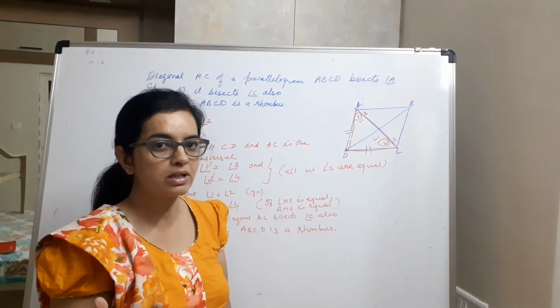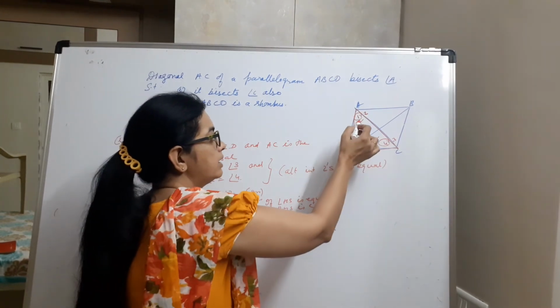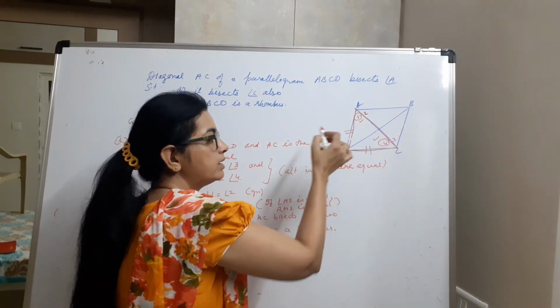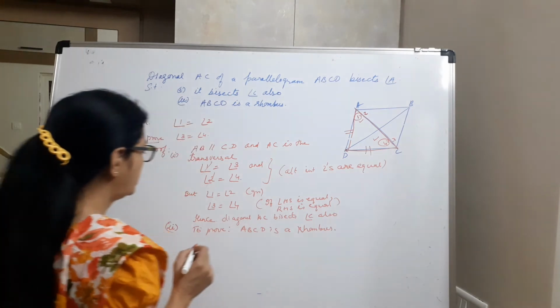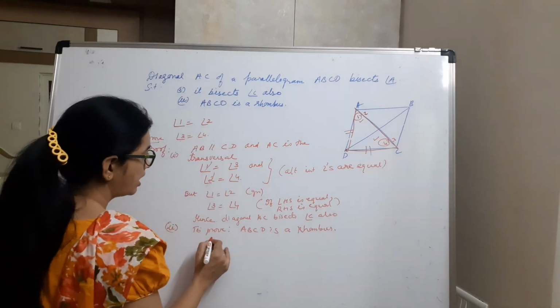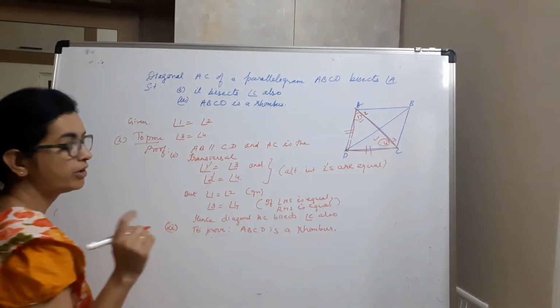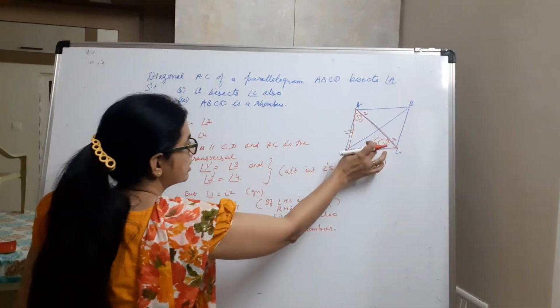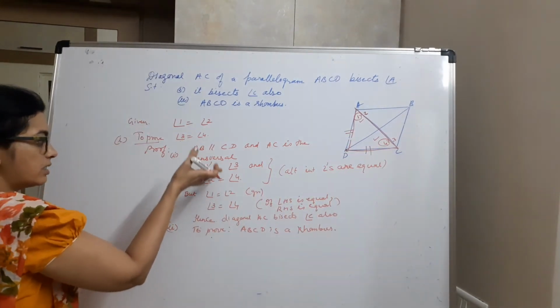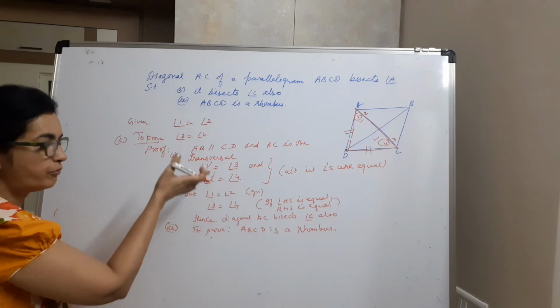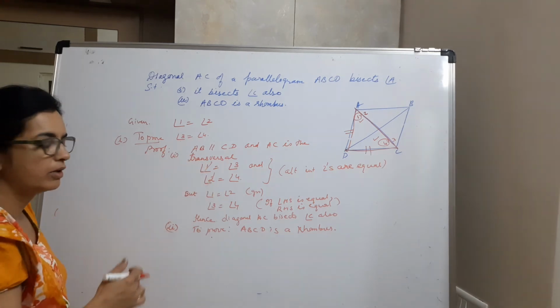By the converse of the isosceles triangle property, the sides opposite to equal angles are equal. So that thing we are going to do. But for that I have to prove that angle 1 is equal to angle 4 from the already given statements. We will prove it.